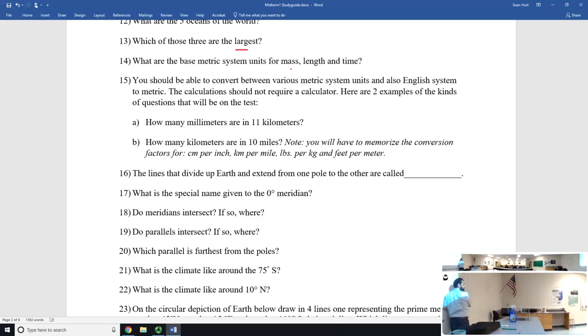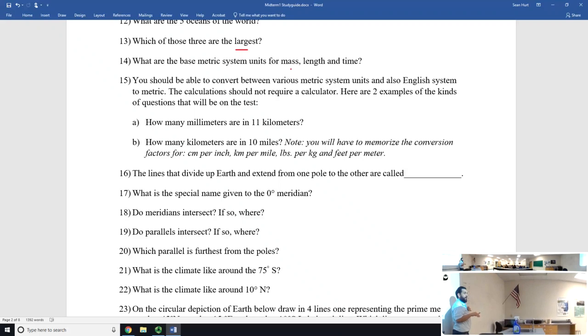We can also make it smaller by 10 to the 6 by doing a micro. It's 10 to the negative 6. Okay. So you should know those. You should know how much they're scaling the base unit up or down, okay? So that's a million, 1,000, kilo 1,000, hecto 100, deca 10.